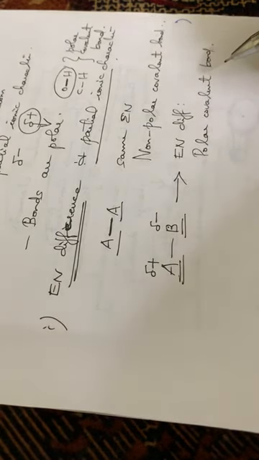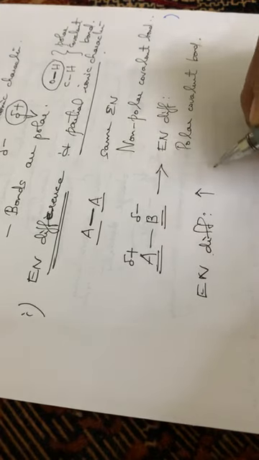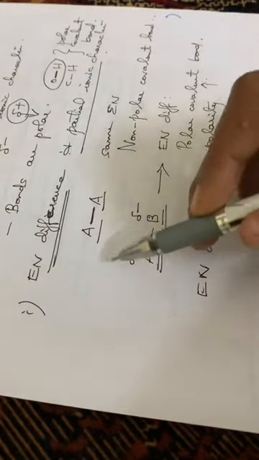Then again, see here, as the electronegativity difference increases, the polarity of the covalent bond also increases. That means the intensity of the charges will increase.